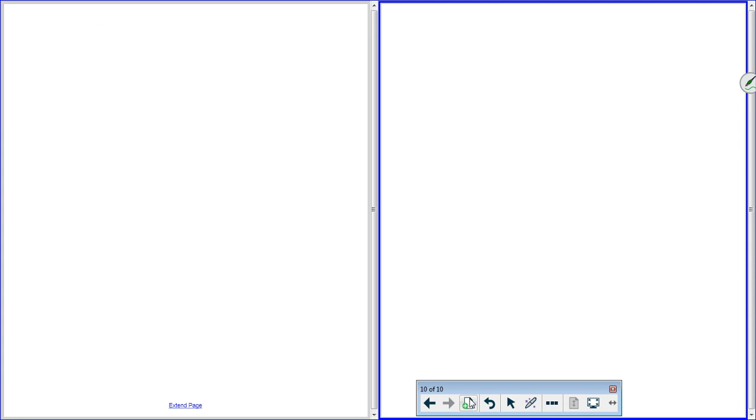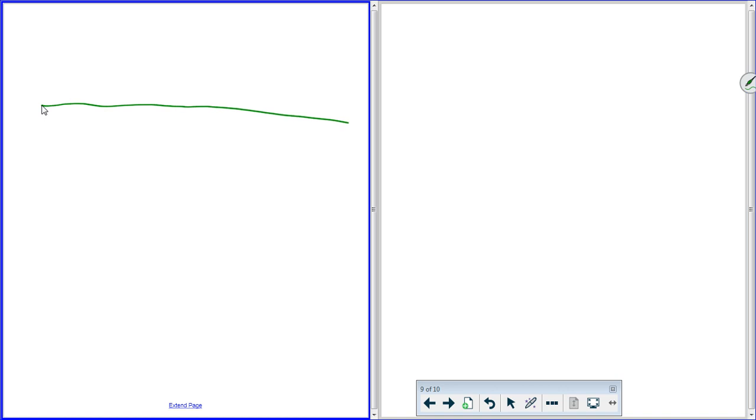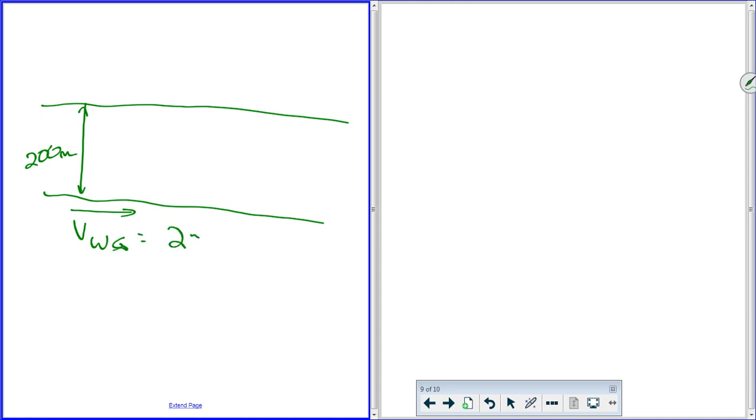Number 9: a 200-meter wide river flows due east at a uniform speed of 2 meters a second. So let's draw this. We've got a river that's flowing east. The problem tells us that it's 200 meters across, and the velocity of the water relative to the ground is 2 meters a second.